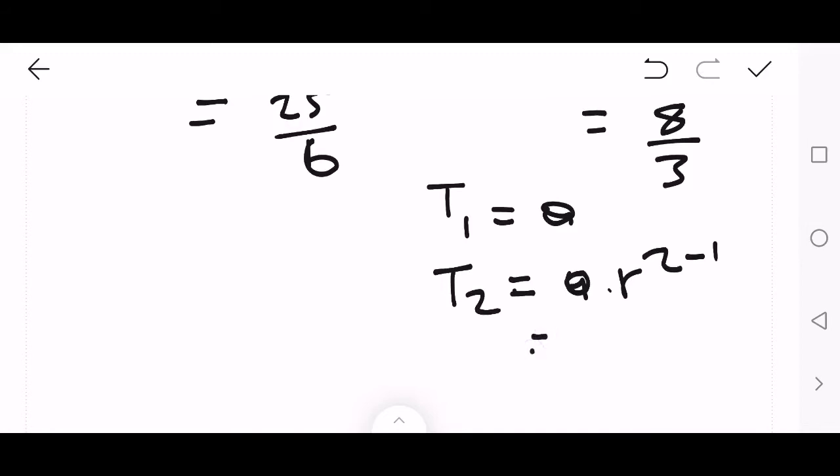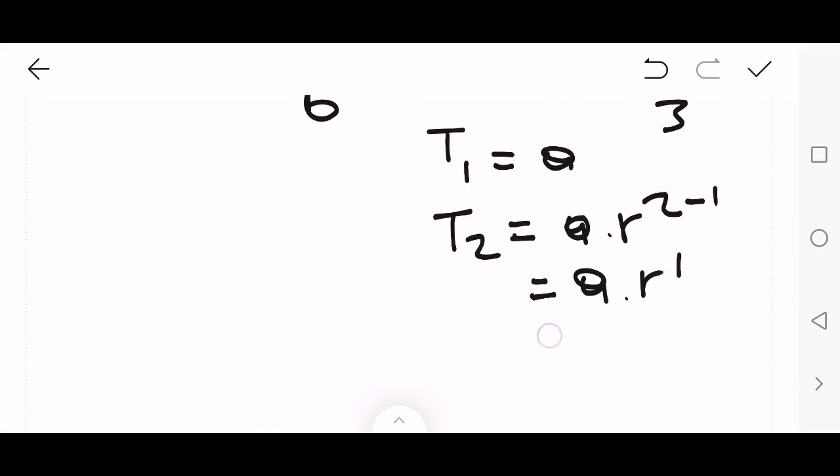Now this is equals to a times 2 minus 1 is 1. So this is equals to a times r.